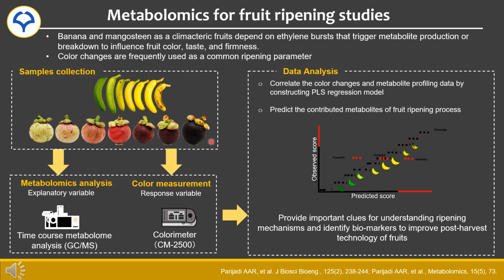First, the components and color of fruits at various stages of ripeness were analyzed. By clarifying the relationship between the components and color, it became possible to predict the color based on the components. The results of this study are expected to contribute to improving the ripening process and post-harvest preservation techniques.